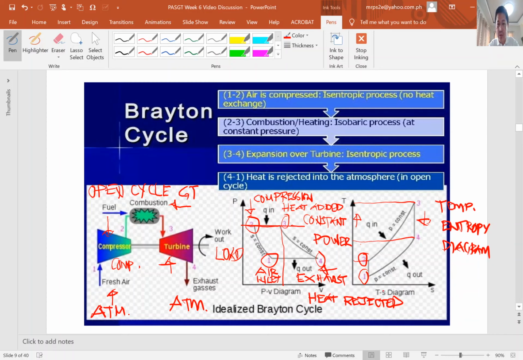So as I said before, we have here the isobaric process. The compressed air then runs through a combustion chamber where the fuel is burned, heating that air, a constant pressure process since the chamber is open to flow in.